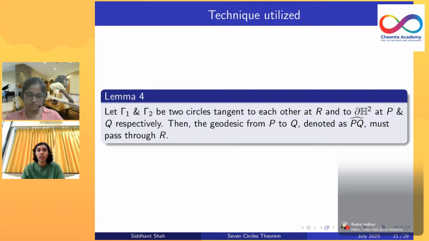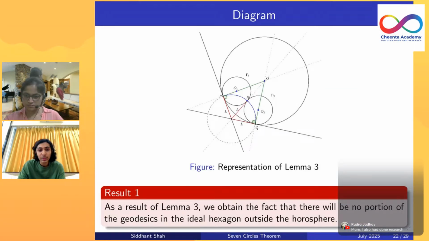The technique we utilized was that if we consider gamma 1 and gamma 2 to be two circles tangent to each other at R, in a hyperbolic space at P and Q respectively, then the geodesic from P to Q, denoted PQ, must also pass through R. I've represented this in the next slide, where we can see that it is always passing through R.